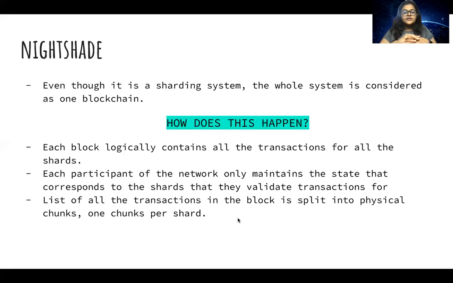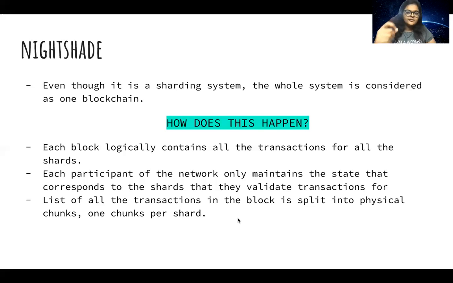Like I said, the main problem with Ethereum scalability is that each node is performing all the operations related to all the transactions. But in this case, each participant of the network will only maintain the state which corresponds to the shard they have been allocated to.